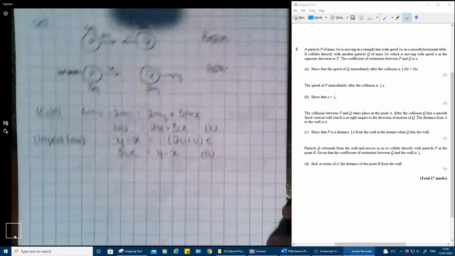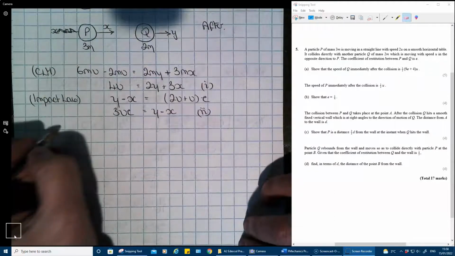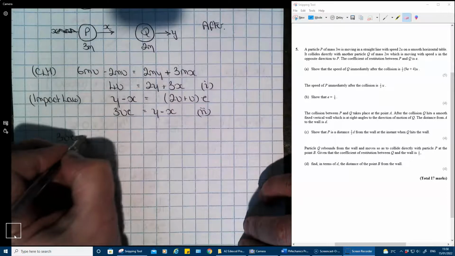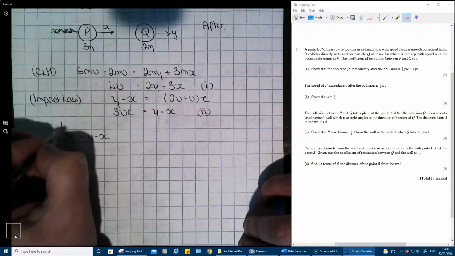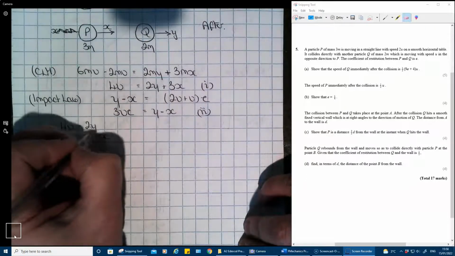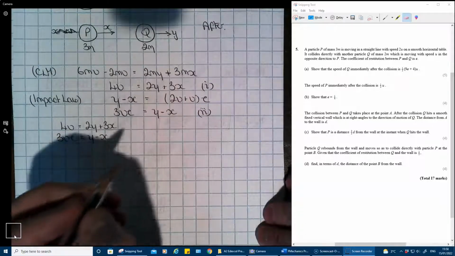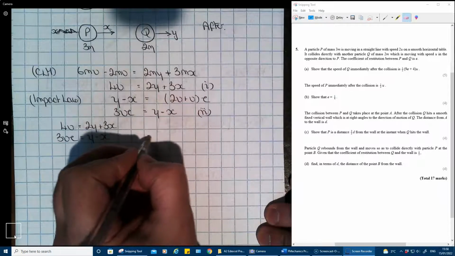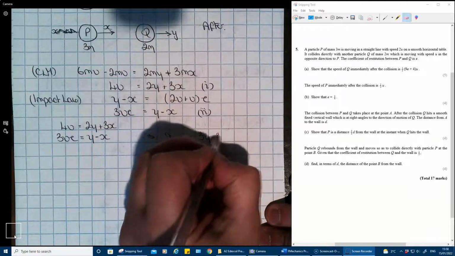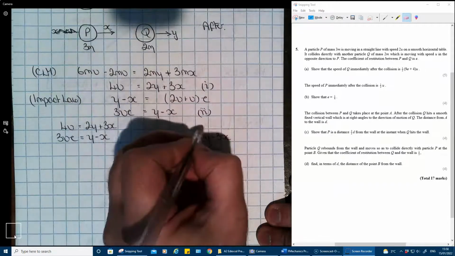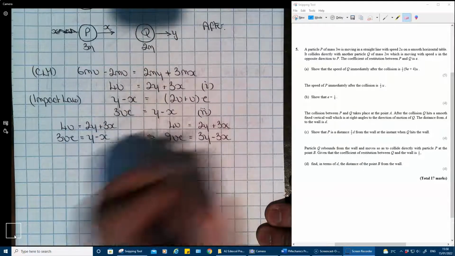So now I tend to personally prefer to write them out again, but not everyone does. So I've got 3ue equals y minus x, and 4u equals 2y plus 3x. So if I multiply the bottom one by 3, I get 9ue equals 3y take away 3x. I know that 2y plus 3x is 4u.